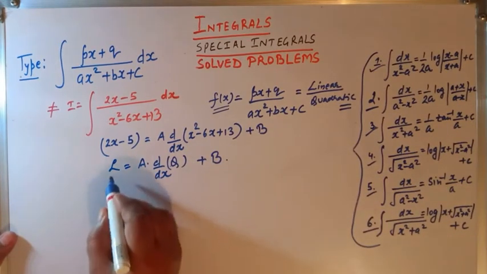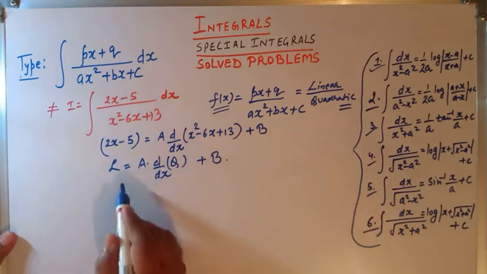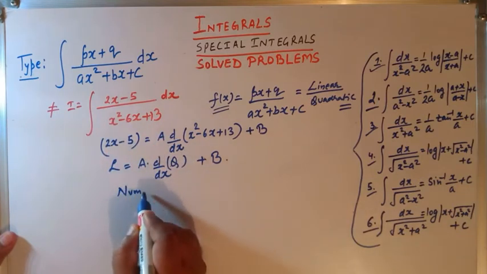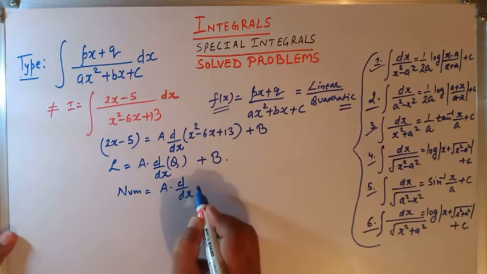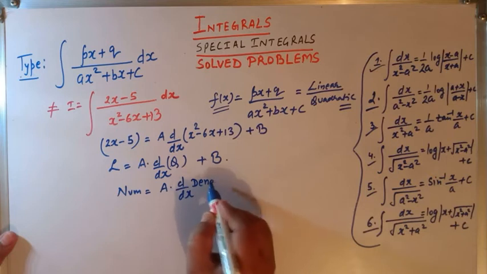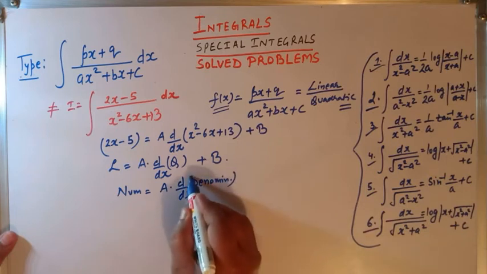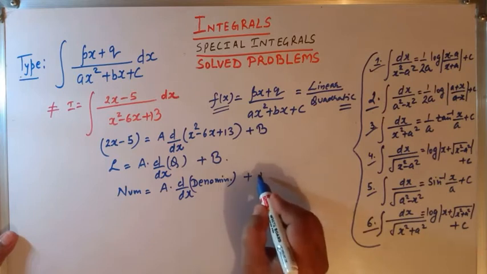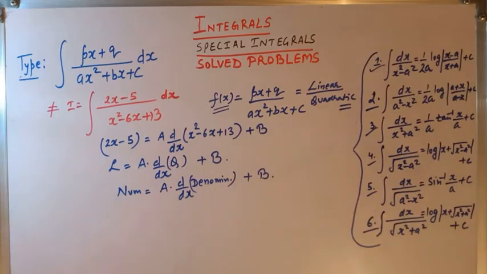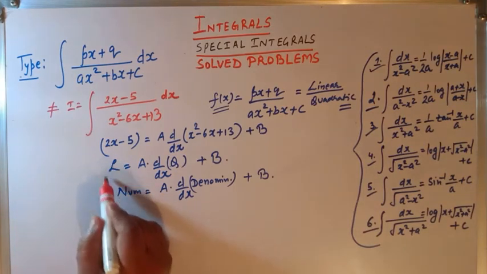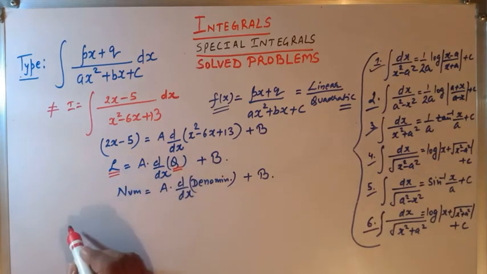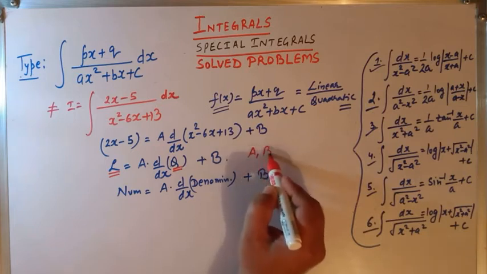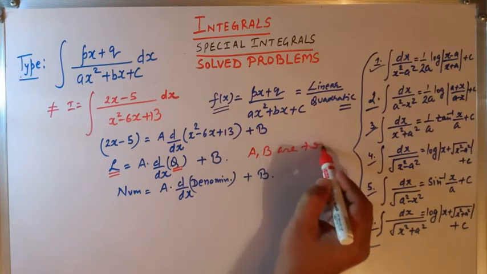Or we can say that if this is the linear factor, then the numerator can be expressed as a times the derivative of the denominator plus another constant b. Clear? So we can remember any of these two expressions. Clear? So this is the linear factor, this is the quadratic factor, and a and b are two constants.